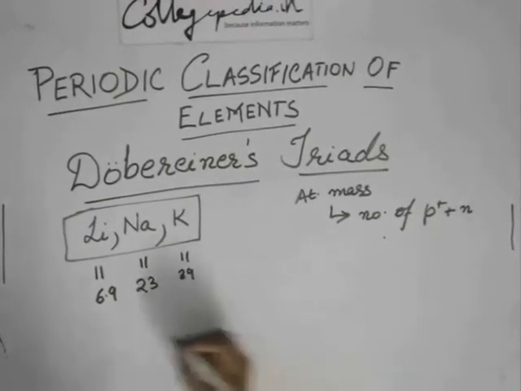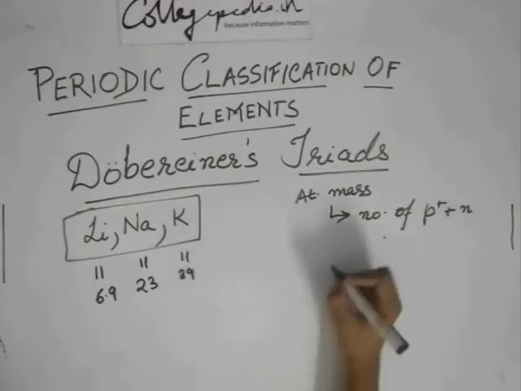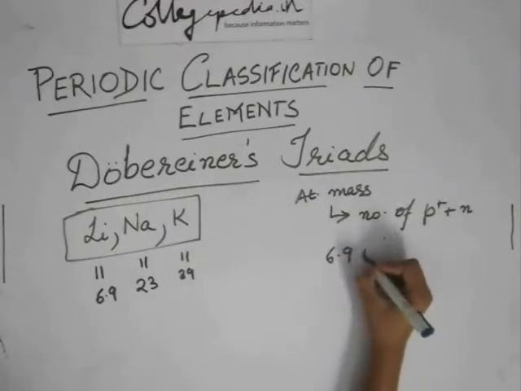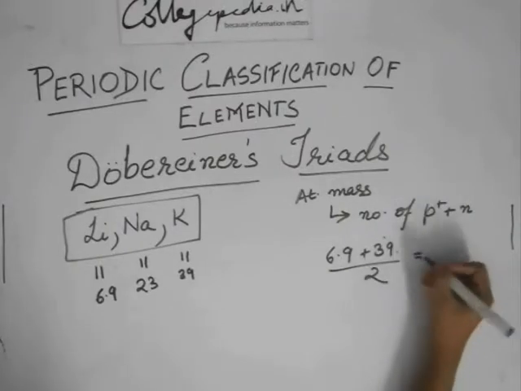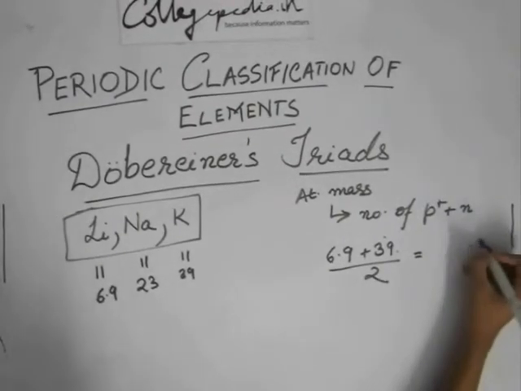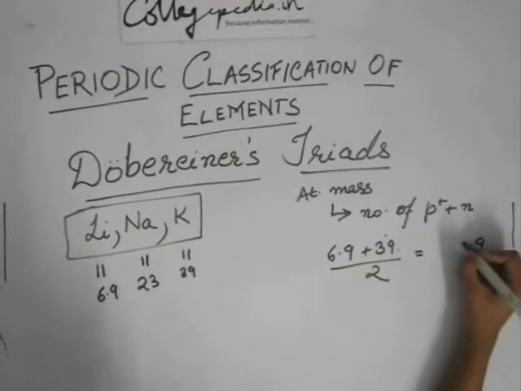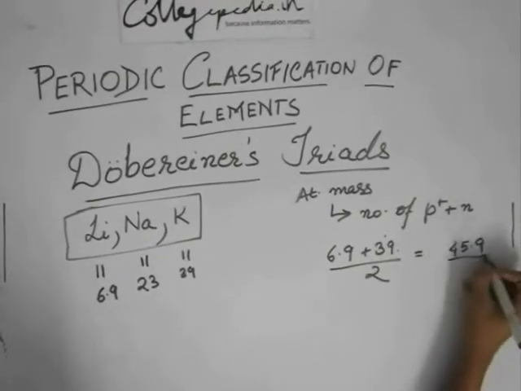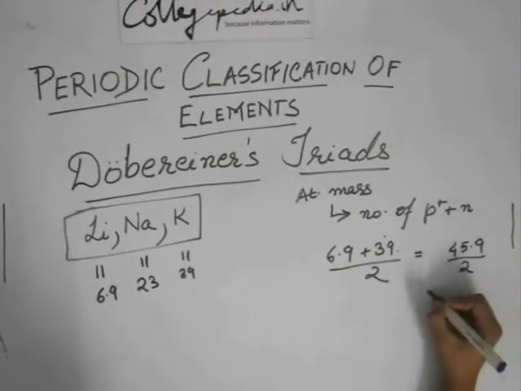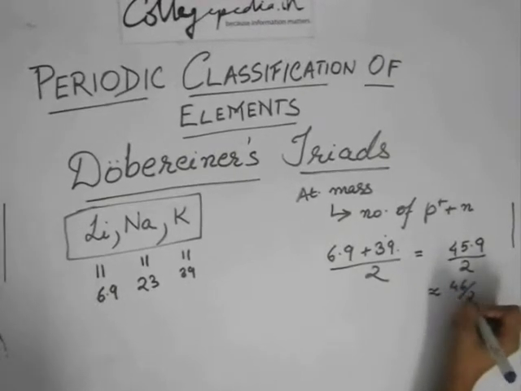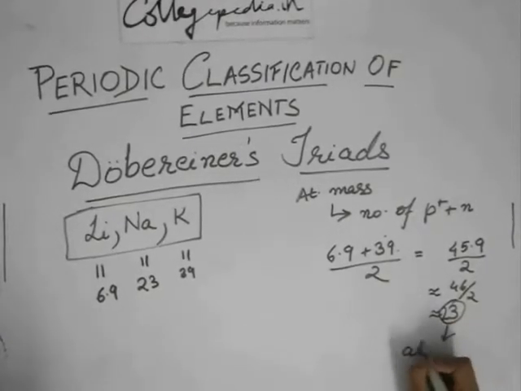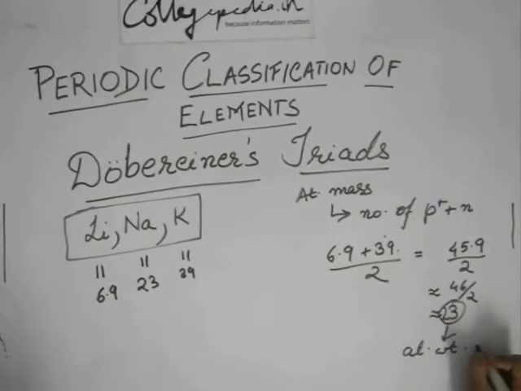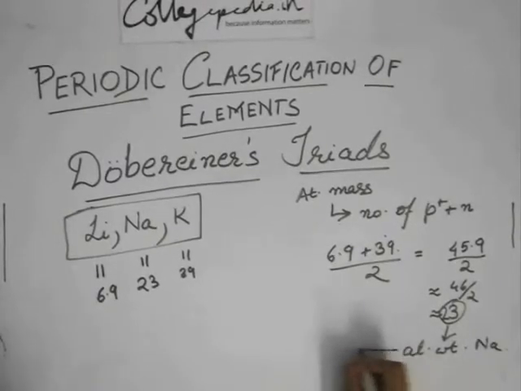So you see that 6.9 plus 39 by 2 will give you 45.9 by 2, or you can nearly write it as 46 by 2, which is nearly 23. And what is 23? The atomic weight of sodium.